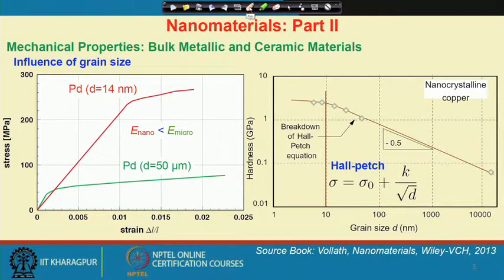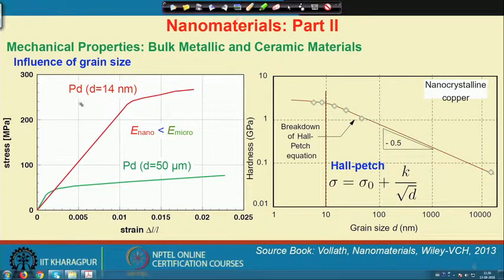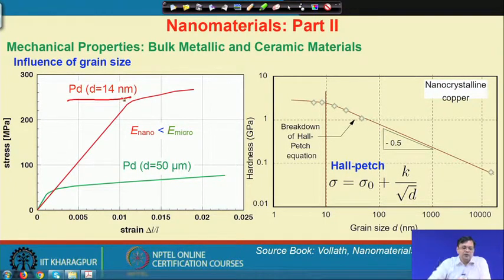The first example I give you is palladium with a grain diameter of 14 nanometer, which is very small, compared to palladium with a grain diameter of 50 micrometer. This is a microcrystalline sample and this is a nanocrystalline sample.